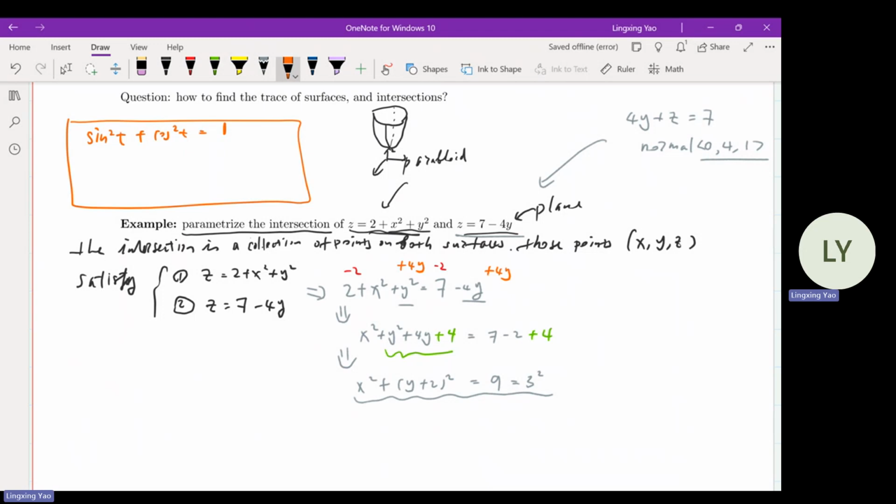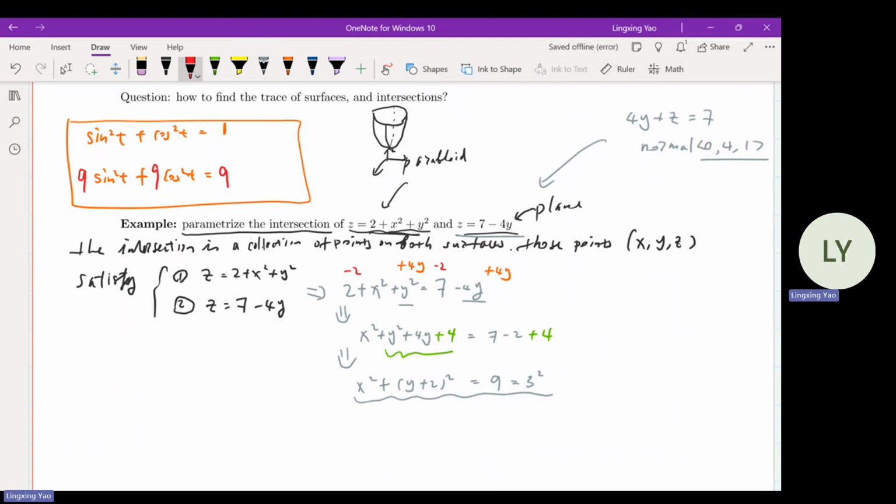So if we multiply 9 to both sides, we got 9.